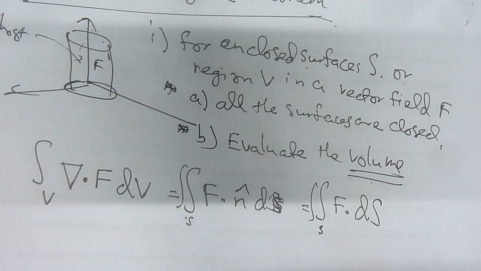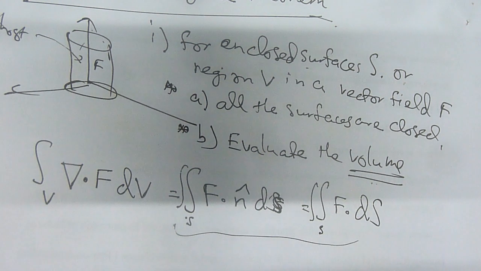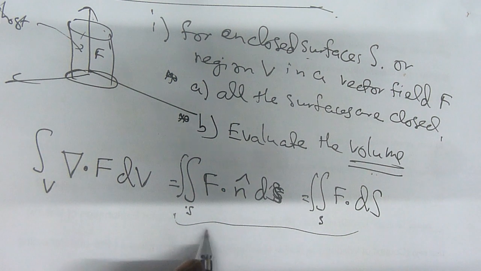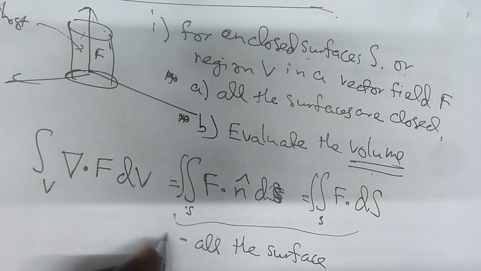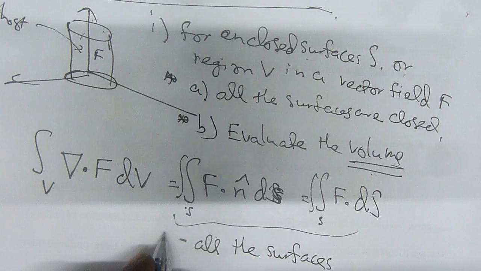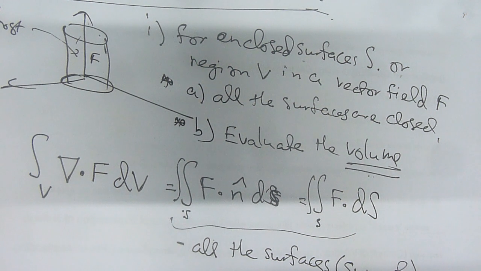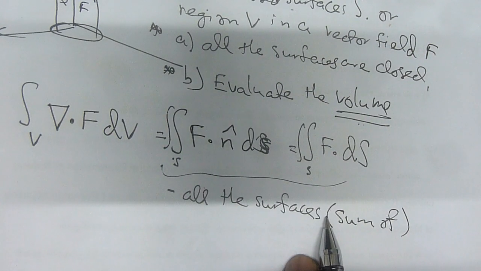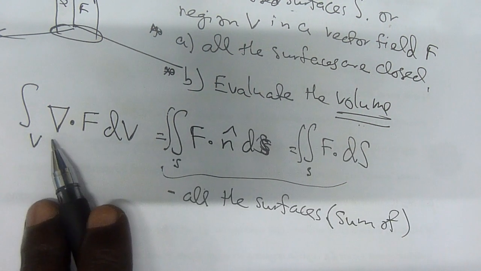This equation is not for any single particular surface. It is the sum of all the surfaces. I forgot to say, sum, very important: sum of all the surfaces. Can you see that? The sum of all the surfaces is volume based.